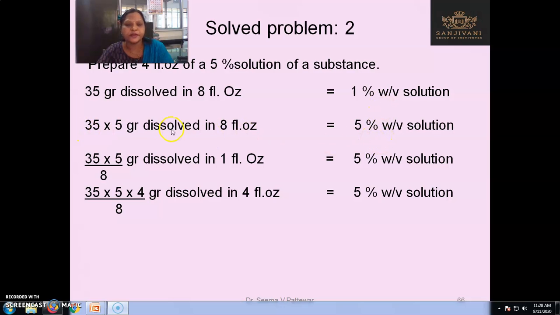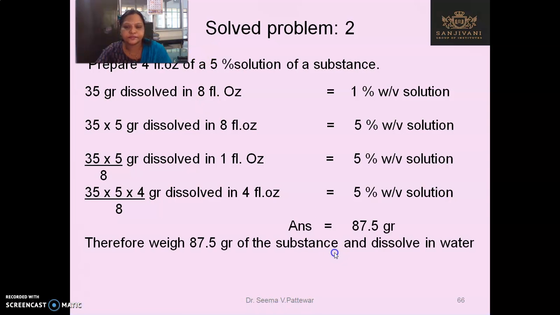For 5%, multiply this by 5. Again this is for 8 fluid ounce, so divide by 8 and multiply by 4 ml, you will get the result like this. So you have to calculate this and this will be required for 5%. Okay. So the answer here is 87.